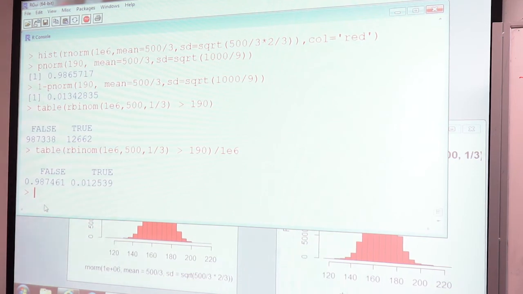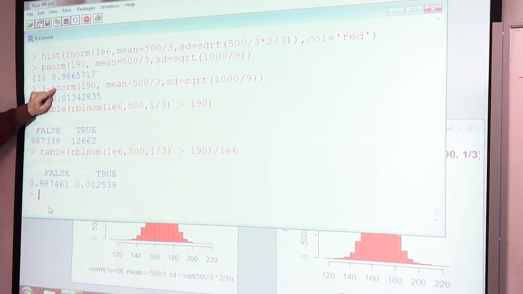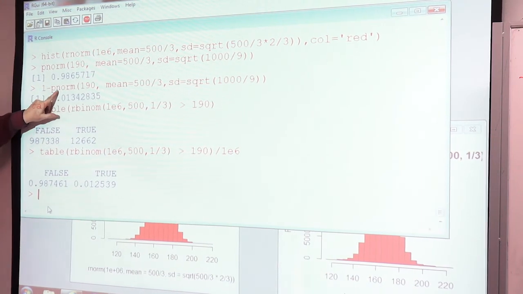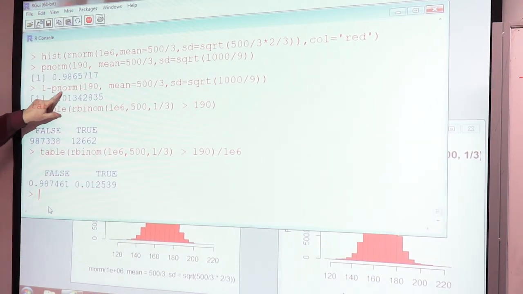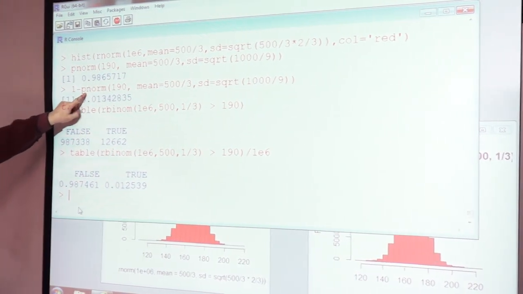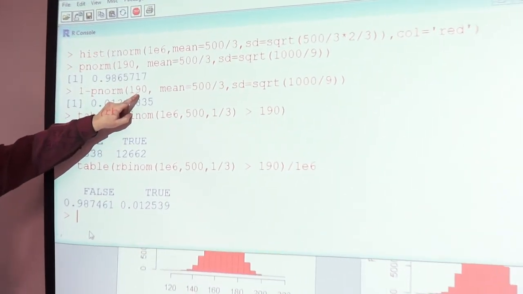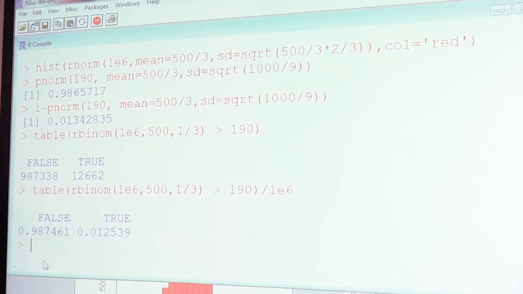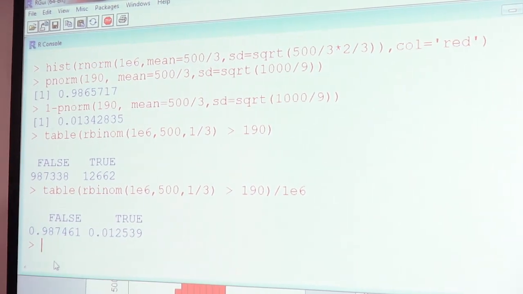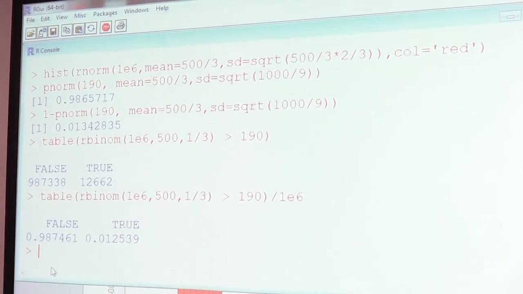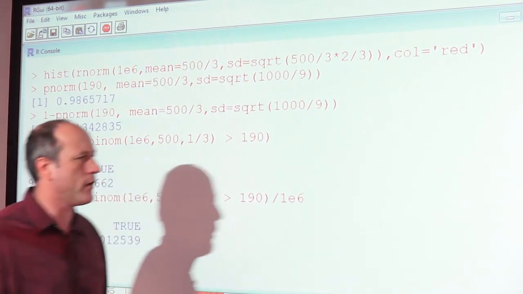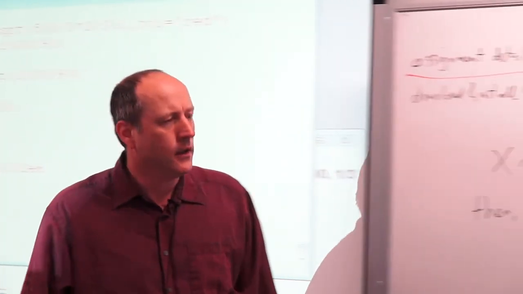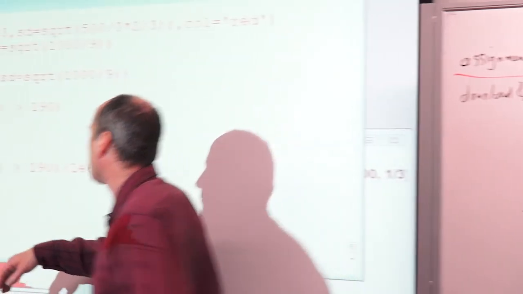Okay, so what have I got here? Here's my approximate answer. It's approximate because I'm using the Gaussian approximation. And it's also an approximation because I'm not quite sure whether I include that 190 exactly. Because it's a whole number, do I include that as greater than 190 or not? There are ways to correct it, a continuity correction, but quite frankly, if you need it, it's the wrong technique.